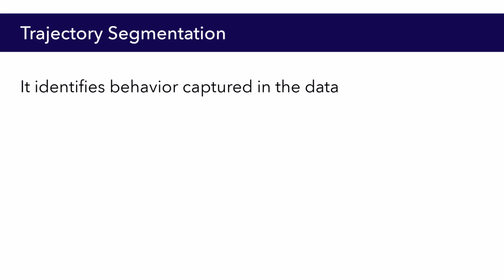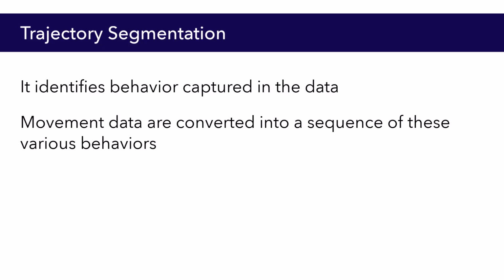In movement analysis, it is applied to identify behavioral modes that are presented in the data. And then, using segmentation, you can convert movement data to a simple structure as a sequence of various behaviors.